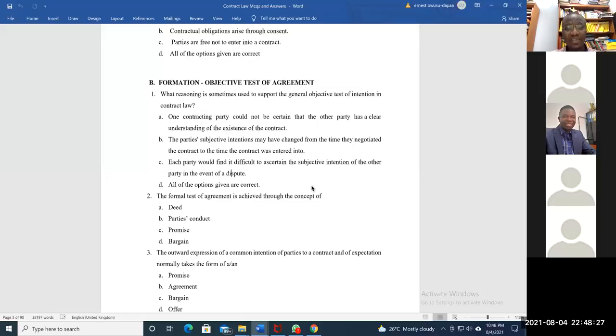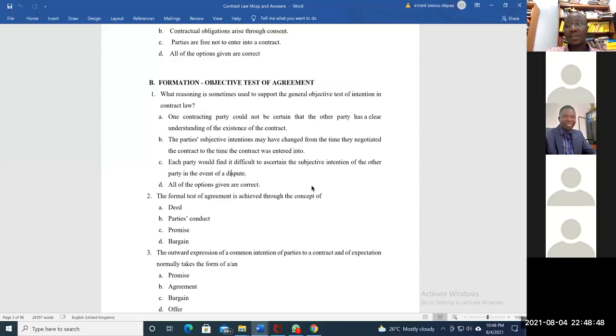The party's subjective intention may have changed from the time they negotiated the contract to the time the contract was entered into. So subjective intention is what one party is thinking in his mind concerning what they are contracting about.